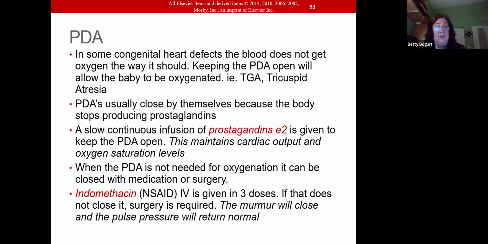And when you don't need it, you can close it. And it's like being stubborn, like, I'm not giving you anything. Why are you still open? Give them indomethacin. And usually it's IV, 3 doses. Okay. And indomethacin is an NSAID. And usually you'll watch that blood pressure go back and you'll stop hearing the murmur if you're listening.